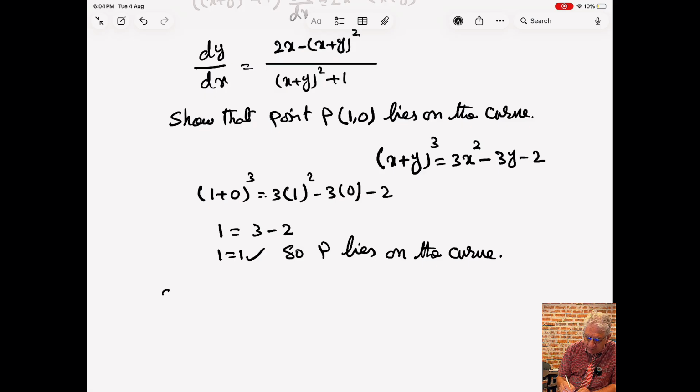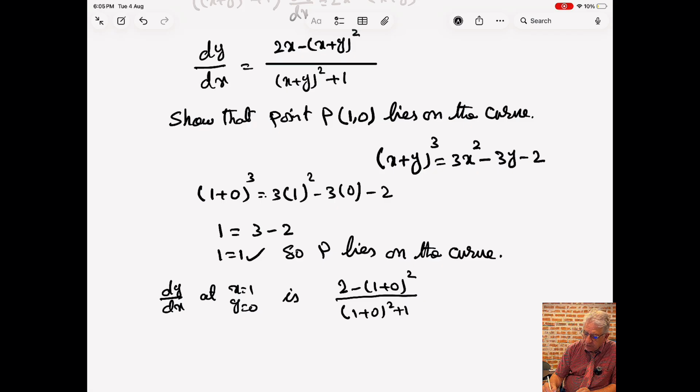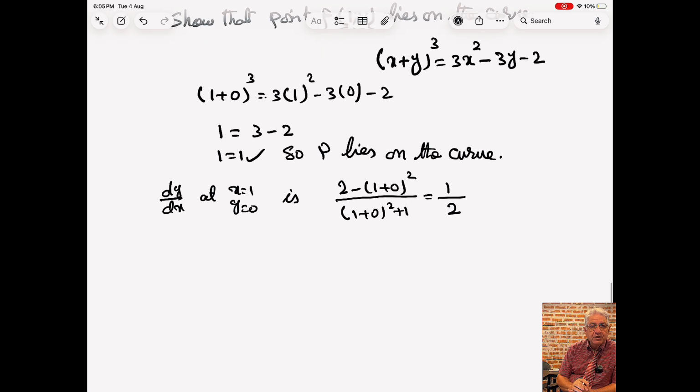Therefore, dy by dx at x equal to 1, y equal to 0 is (2 - (1 + 0)^2) divided by ((1 + 0)^2 + 1). So this will be actually 1 divided by 2. Therefore, this is the gradient of the tangent line.